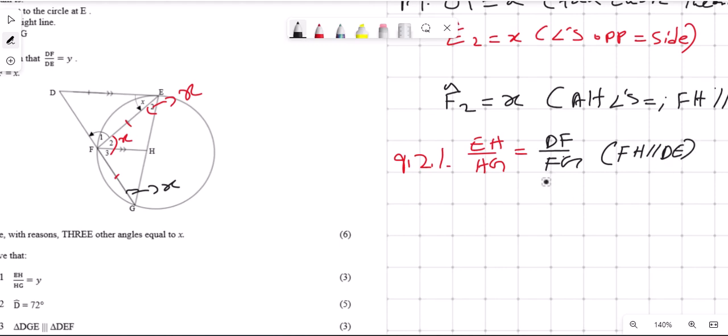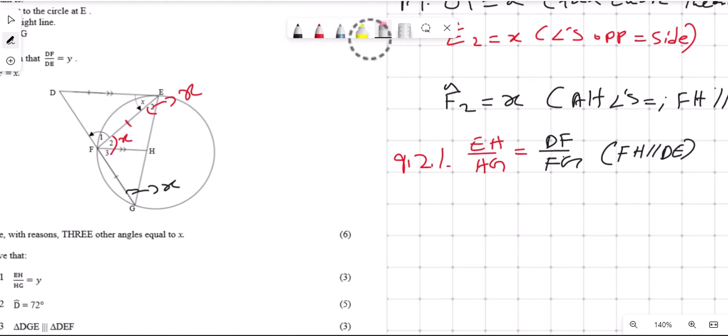Okay, now let's look at DE and FG. Do you see that they're equal?